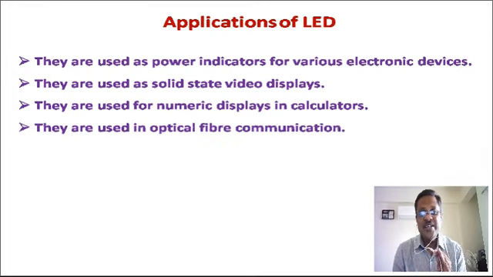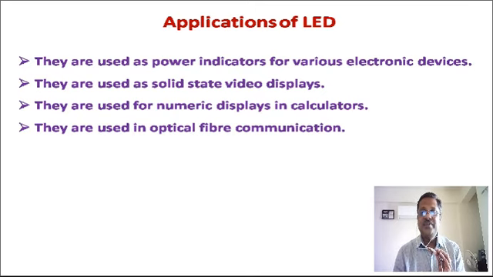Another important application is they are used in optical fiber communication. A signal from one place to another place by using the optical fiber is transferred by using the light emitting diode.